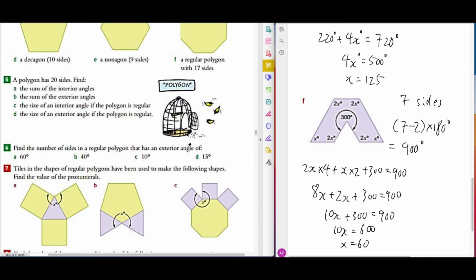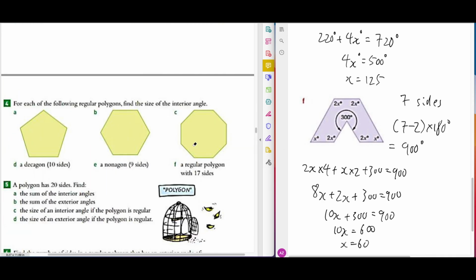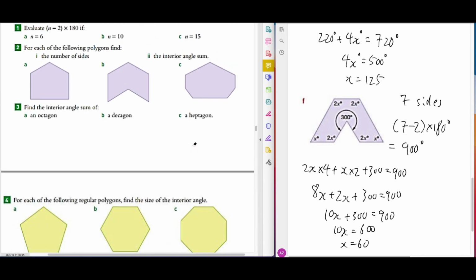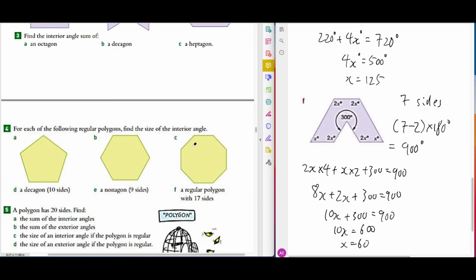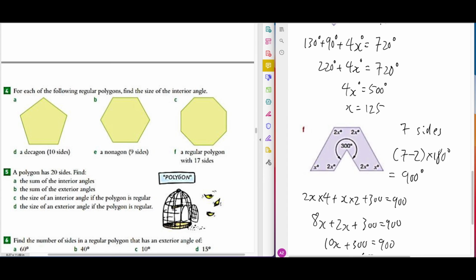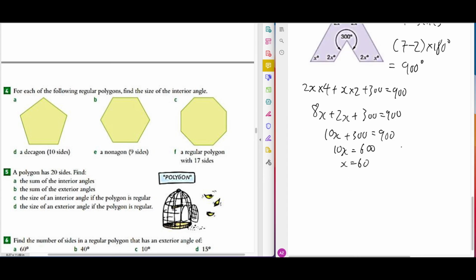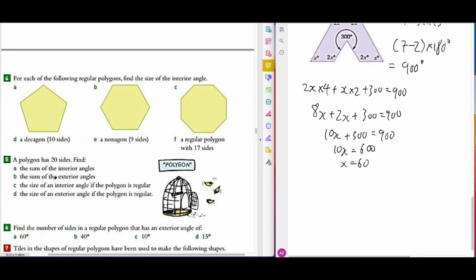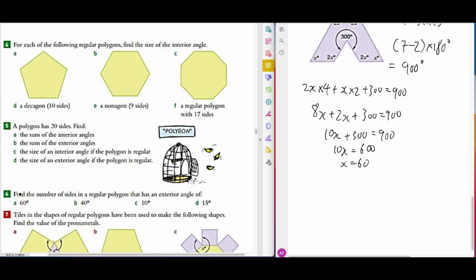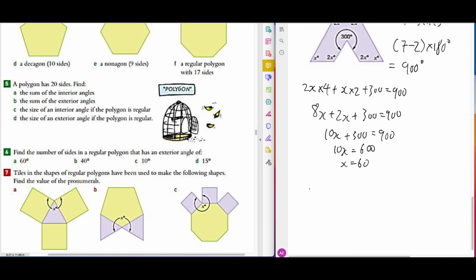Alright, so that's most of the examples that I've gone through today. I'm just going to go through one more example about the exterior angles, because at the moment I'm just using the interior angles here. So say question 6, okay? Now this is a green question, so there's actually no blue questions in this exercise, which is probably a good thing.